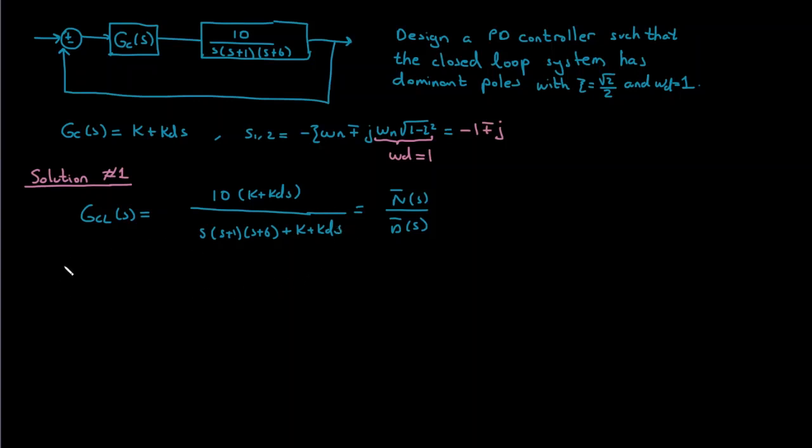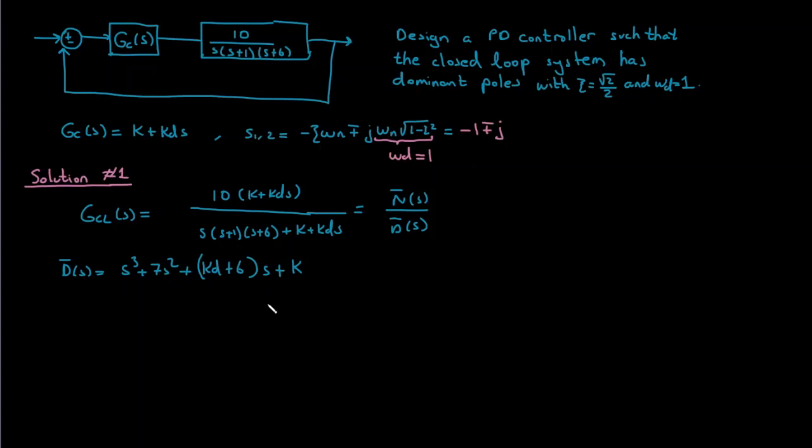So let's focus on that. So D bar of s is equal to, what is it, s cubed plus 7s squared plus 6s plus kd s. So it is (kd plus 6)s plus k. And we want that D bar has roots -1 plus minus j. Okay.